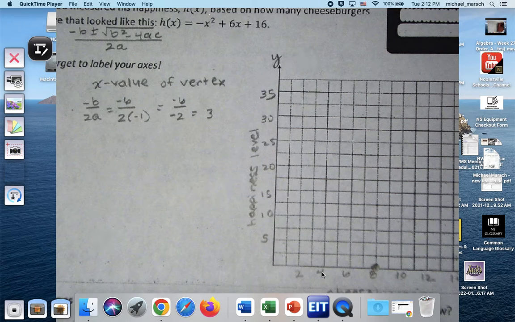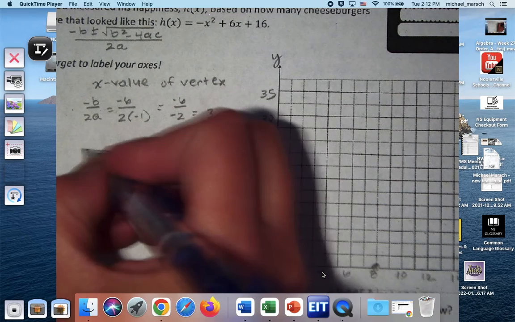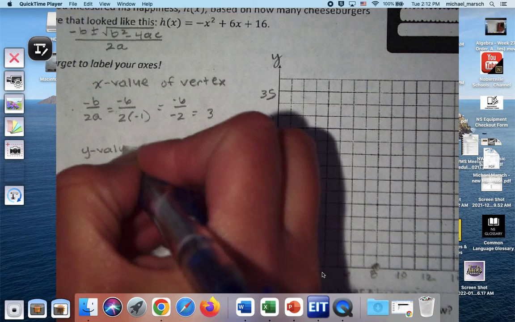So you should get 3. So that tells me how many cheeseburgers he's going to have when he's at the happiest, because that's the peak of his cheeseburger happiness level. Now we have to figure out what is that number on his happiness level. Right? So now we need to find the y value of the vertex.